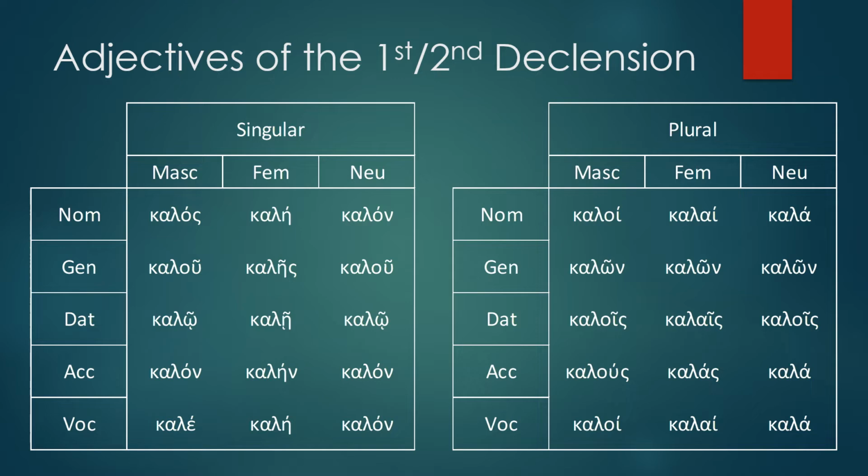I would encourage you to notice similarities when you're learning these things. First, just write down these tables, get familiar with how a table is presented. Masculine, feminine, neuter for the columns, nominative, genitive, dative, accusative, vocative for the rows. But pretty quickly you're going to figure out I'm always writing in this order. So you won't need to mark your columns.